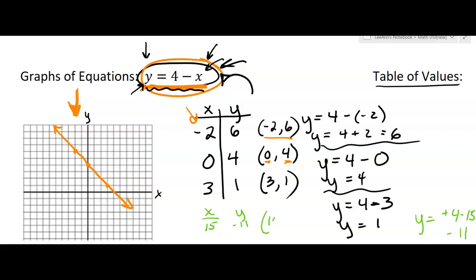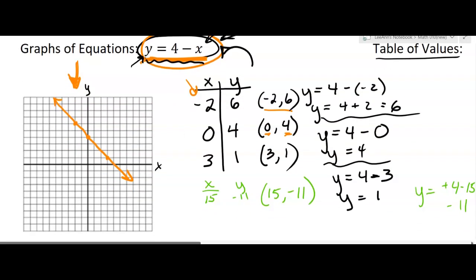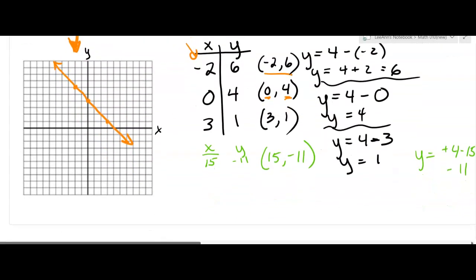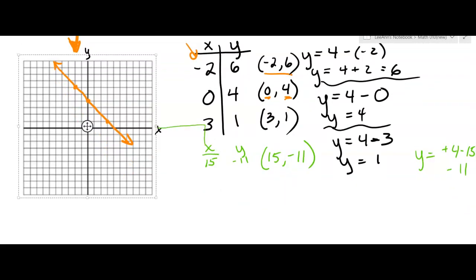That ordered pair, 15, negative 11, it's not going to fit, but if I use my imagination a little bit, and I go 15 over here, and then down 11, if I extend my line, is it going to hit there? Well, pretty close. The further out you go and the more off grid, then you get some inaccuracy, but it would be on that line.